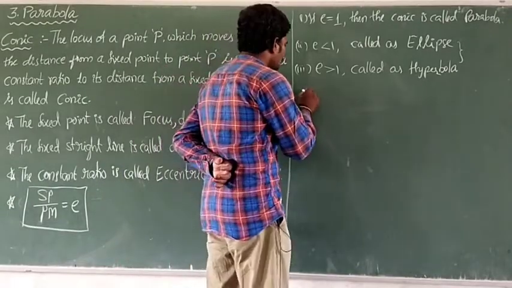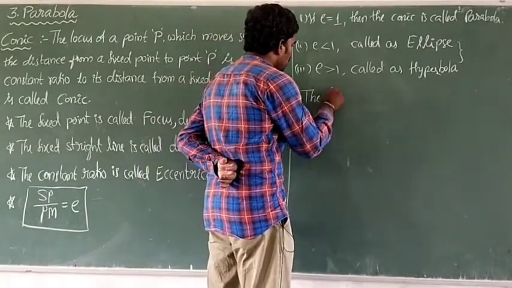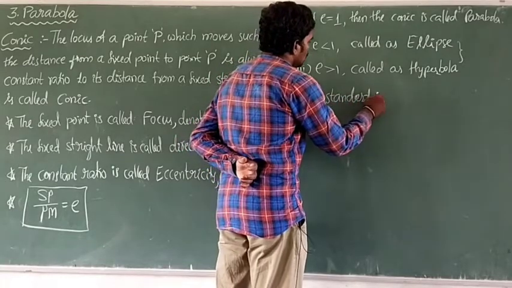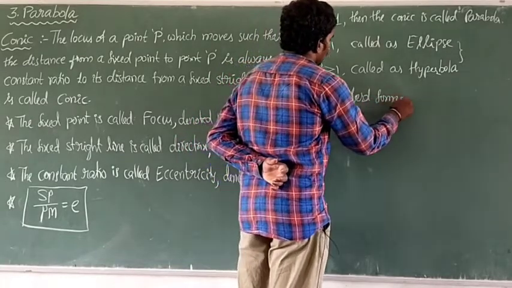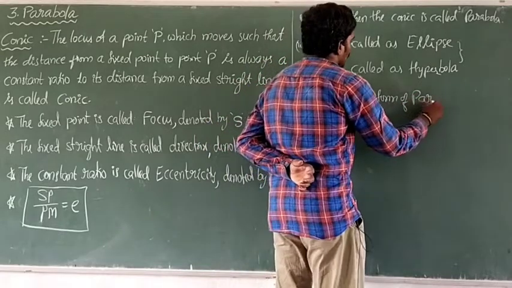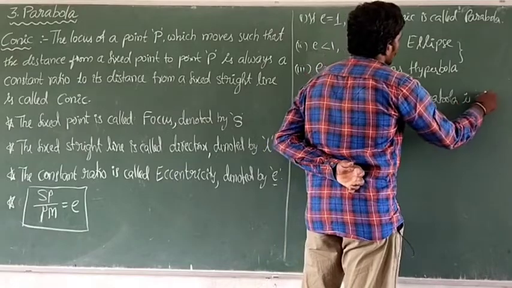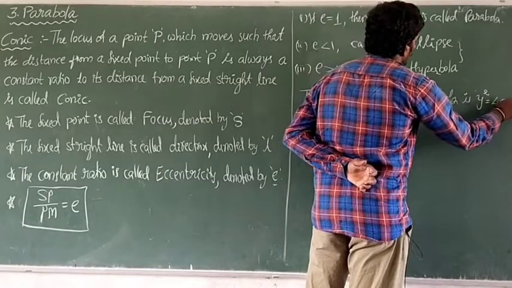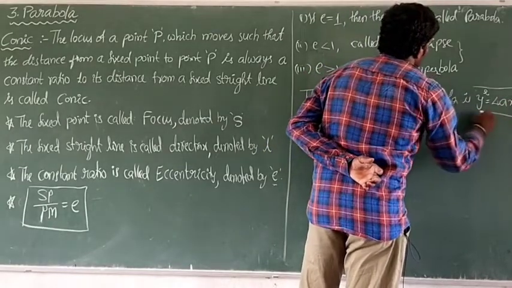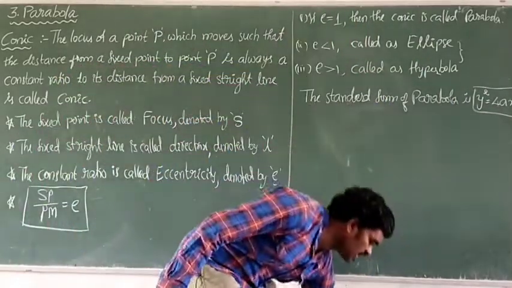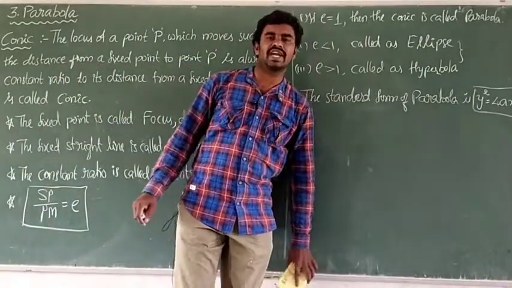The standard form of parabola is y square equal to 4ax. Now onwards we have to use the equation of parabola as y square equal to 4ax.